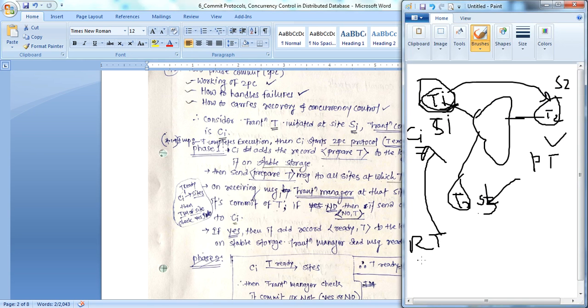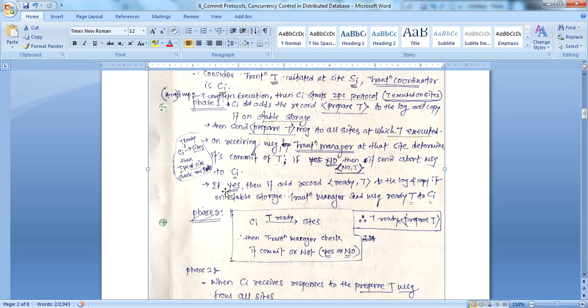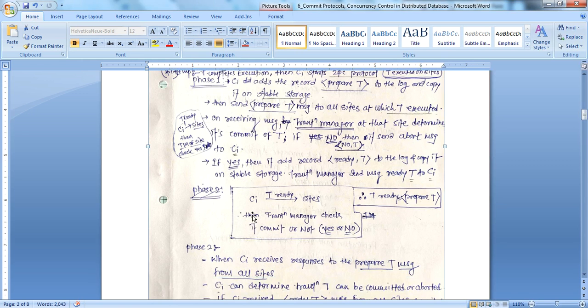All the sites send a ready T to Ci. If yes, it means it is committed. Then the transaction manager checks whether it committed or not, and the other sites' transaction managers send ready T to Ci.